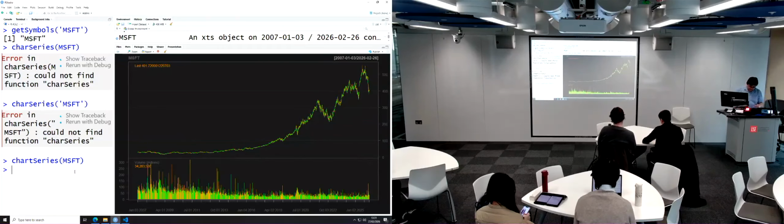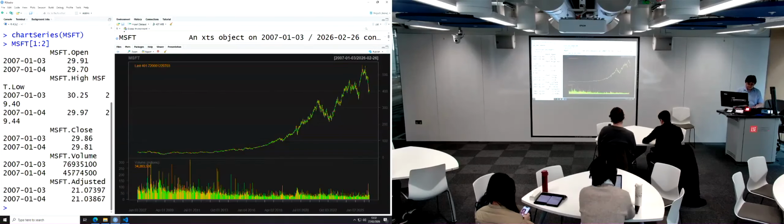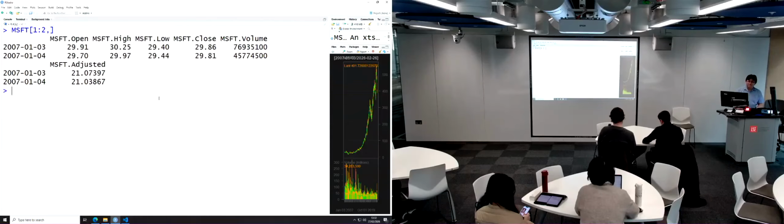There are 6 columns, and the adjusted price is what we're looking at, the 6th column. Let's look at the first 2 rows. You can see it's the OHLC price: open price, highest in the day, lowest in the day.